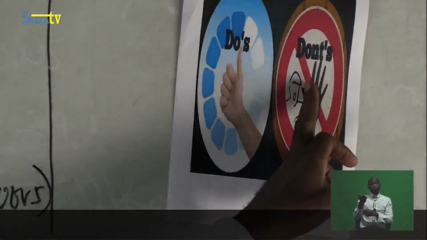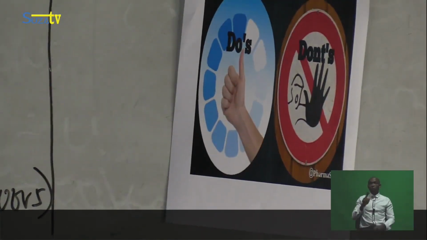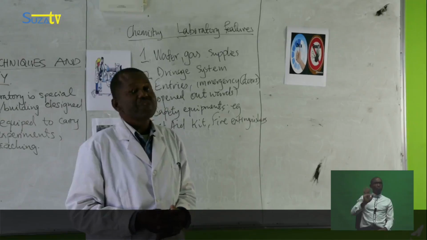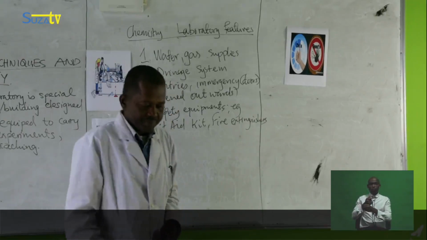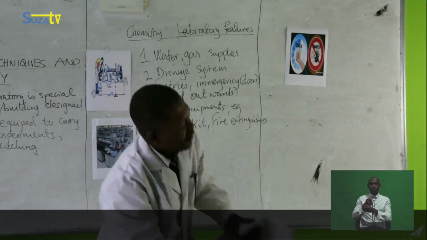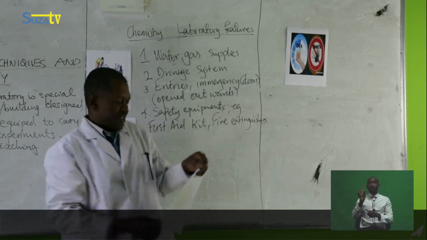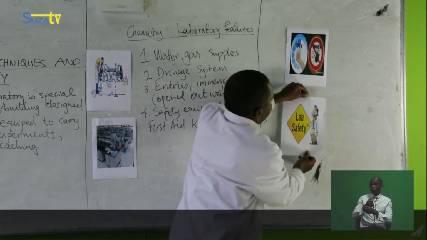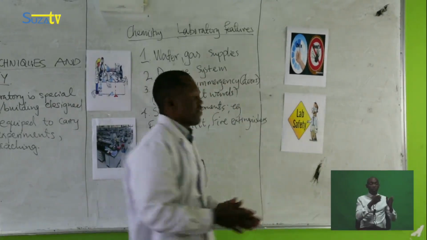But here, don't do. So we call this activity do and not to do. We said you have to do or not to do simply because of laboratory safety and safety of yourself.